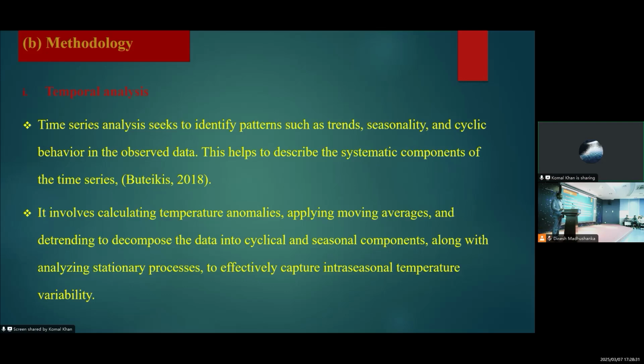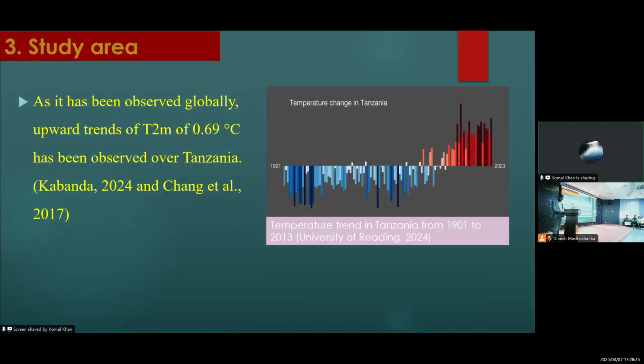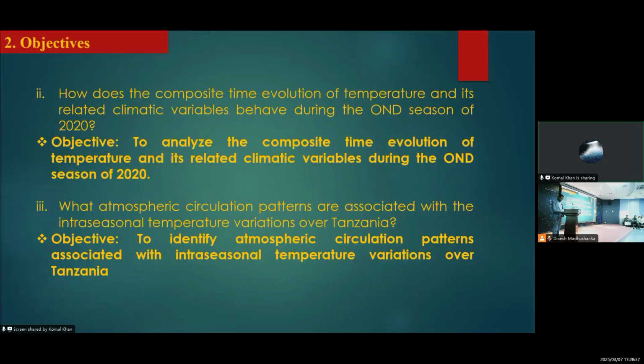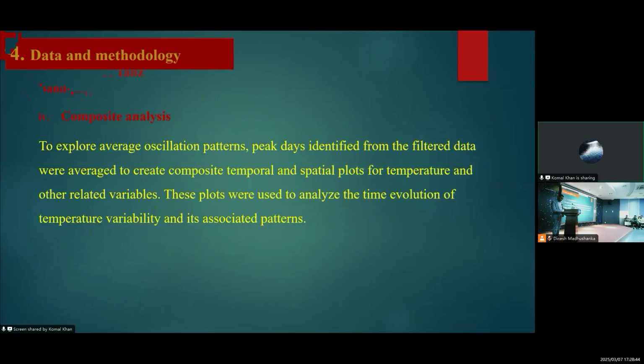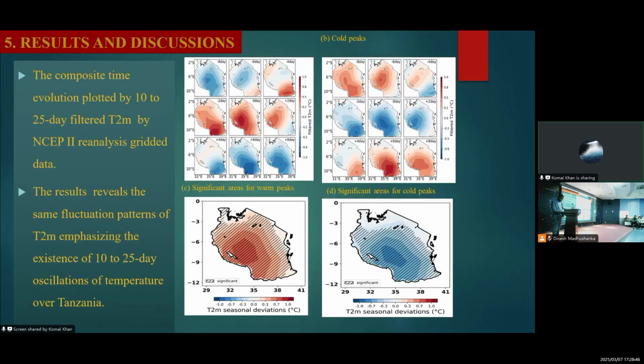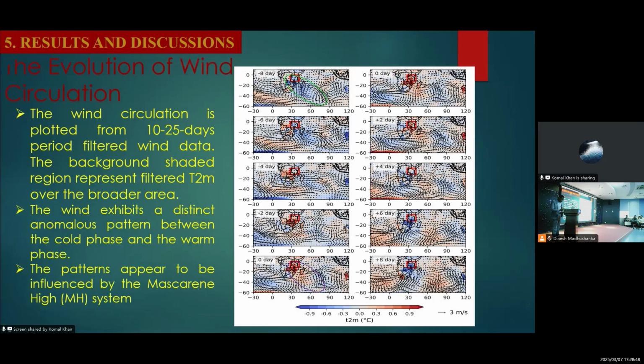Another question was about the wind patterns. Okay, let us see. It is the 500 millibar level. I didn't include it here, sorry for that.